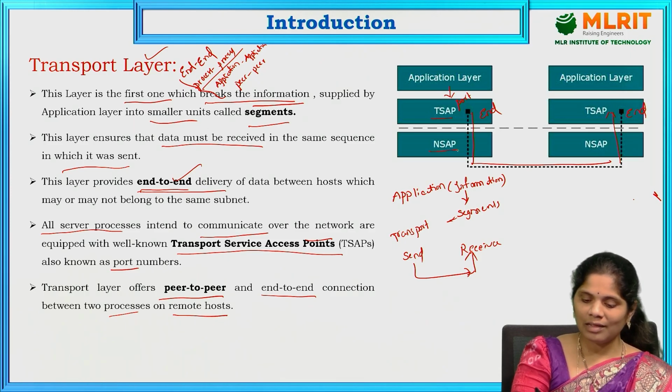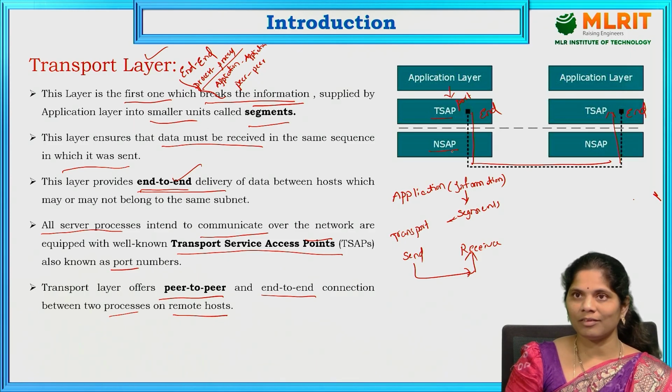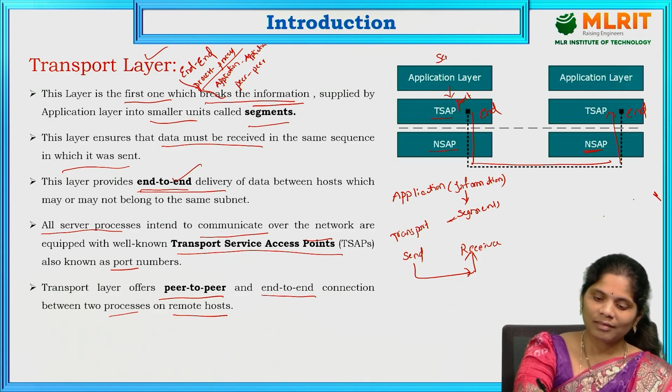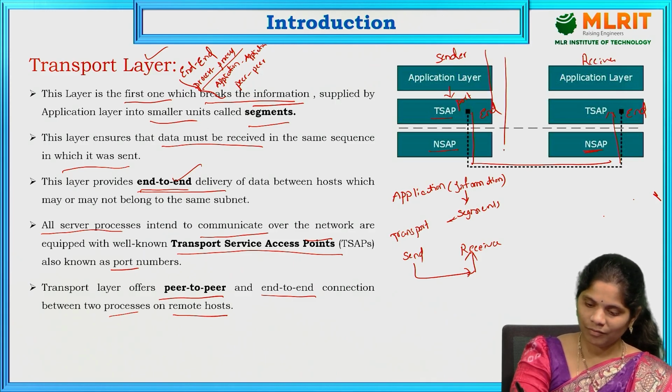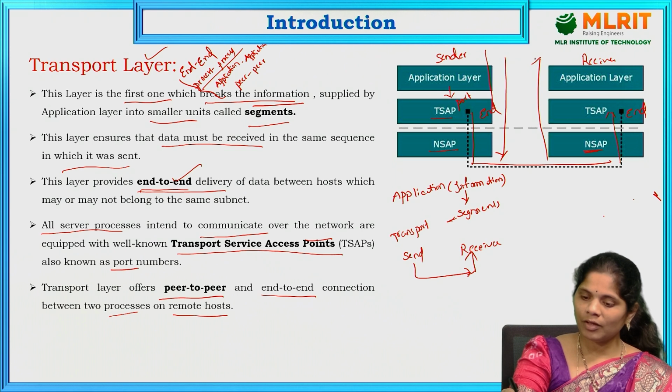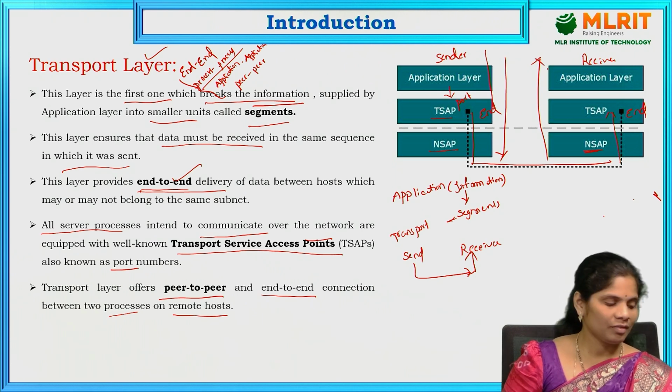Here NSAP is the Network Service Access Point. Here is the sender side and this is the receiver side. This way we send the data and this way we receive the data. These are the main functionalities of the transport layer.